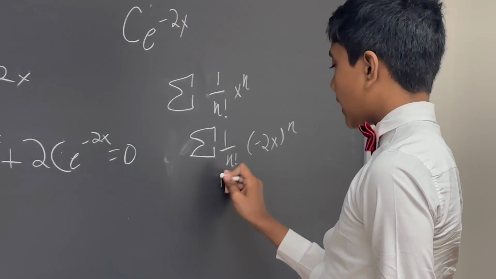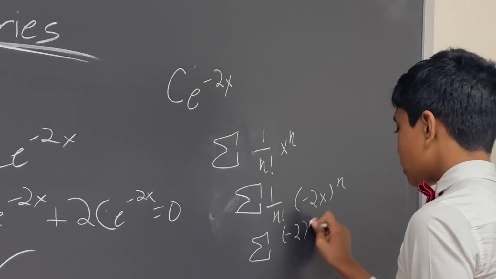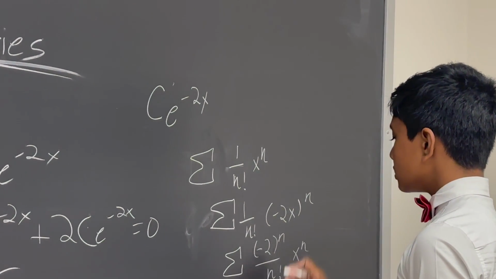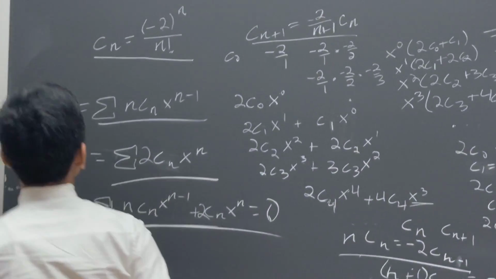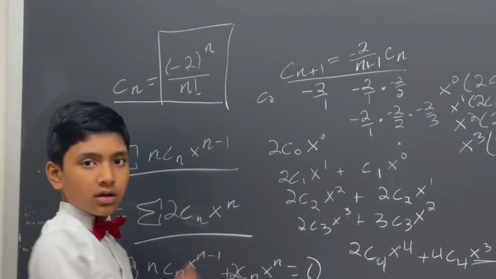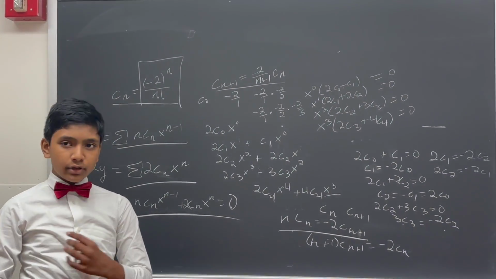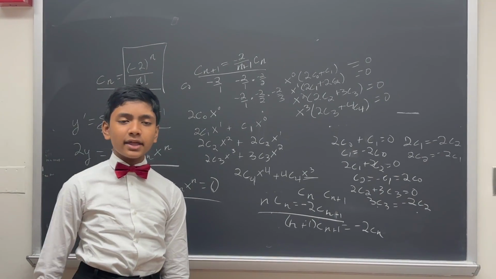So then, we get minus 2 to the n over n factorial times x to the n. So, in other words, this is the exact same thing that we saw over here. So, we can show that that solution that we ordinarily got and this solution are the exact same thing.